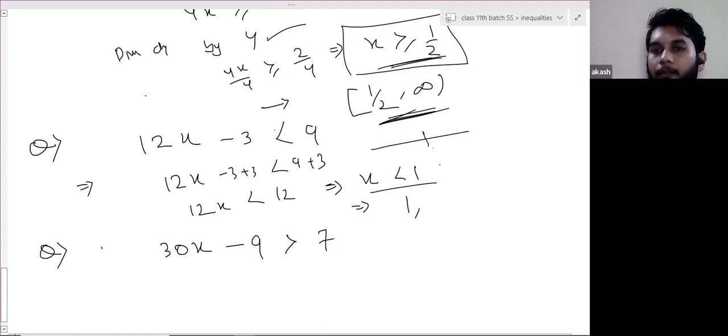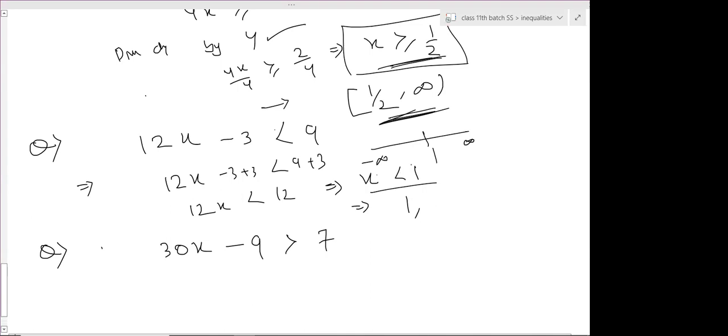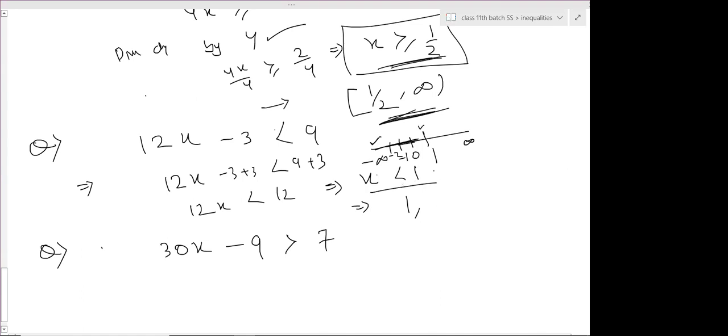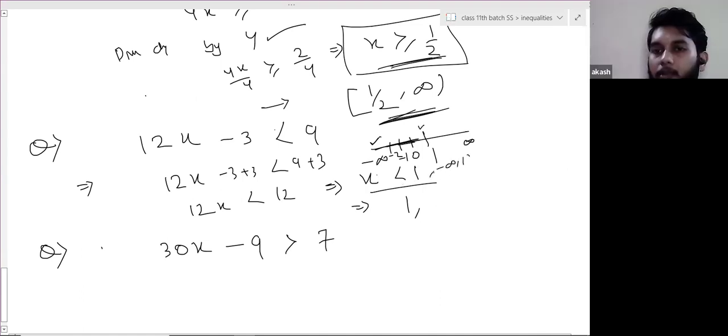This is 1 and this is infinite, this is minus infinite. X is less than 1 means what are the values of x? Few examples: 0, -1. So all numbers will lie in this line, from minus infinite to 1. So less than is minus infinite to 1, open brackets both sides, because we can never reach minus infinite and there is no equality sign here. So open bracket with 1 also. This thing is clear?